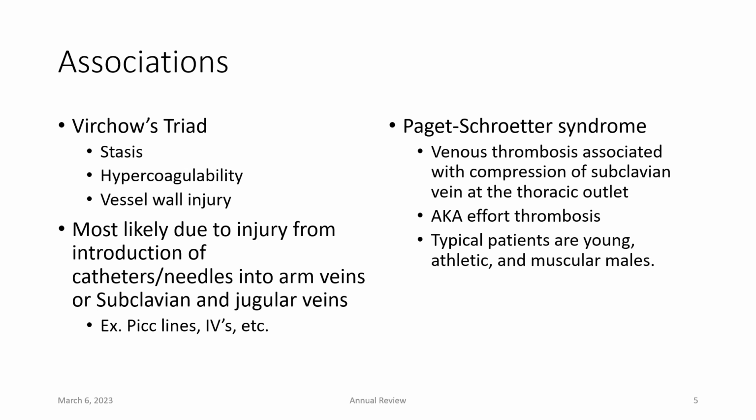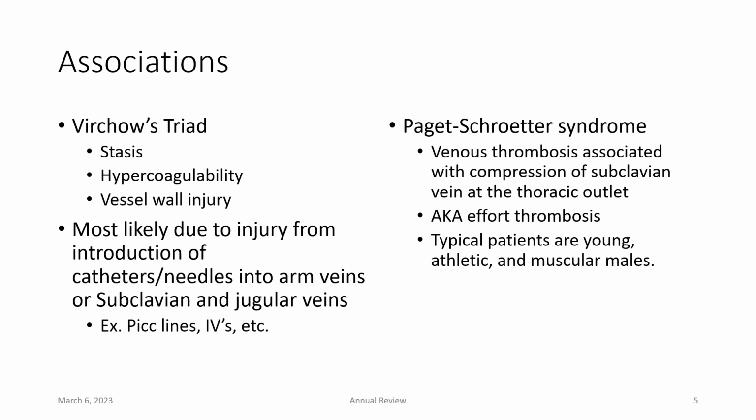This is where we have venous thrombosis associated with compression of subclavian vein at the thoracic outlet. So because of the muscular components of the pectoral muscles and then that non-mobile clavicle, some of that pressure from the muscles internally exerting pressure against that clavicle can cause compression of the subclavian vein and cause obstruction of the thoracic outlet.